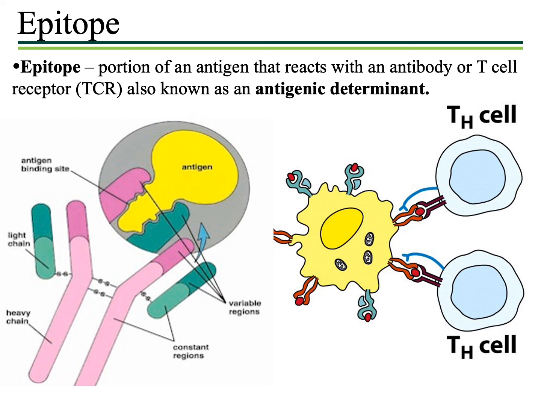So the helper T cell has its TCR, T cell receptor, and there's this complex interaction between T cell receptor, antigen, and presentation by the antigen presenting cell. So again, T cells cannot bind directly to an antigen. They must always have antigen presented to them by a broad category of cells known as an antigen presenting cell.